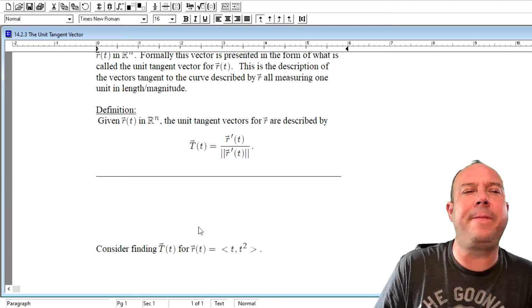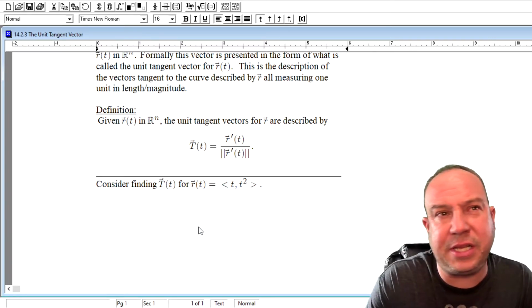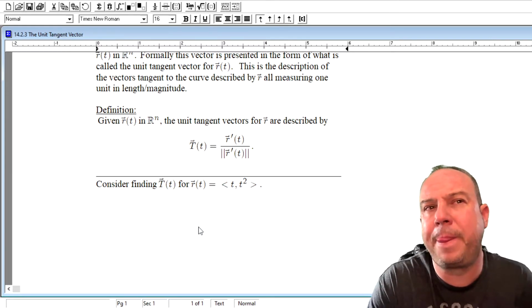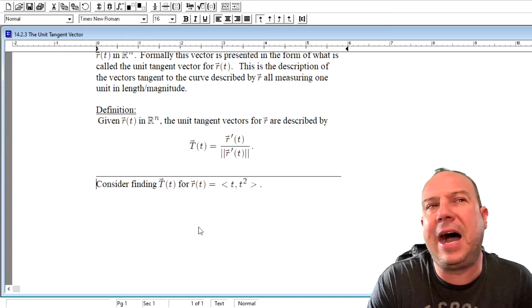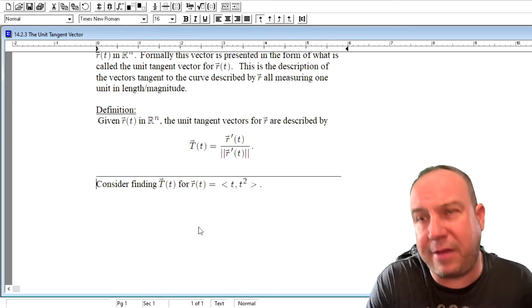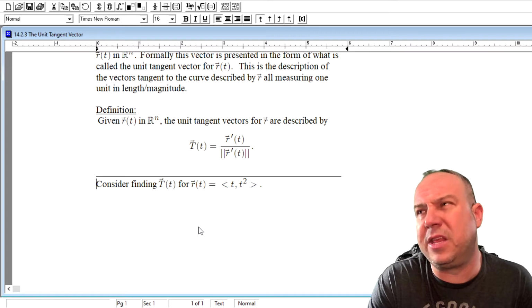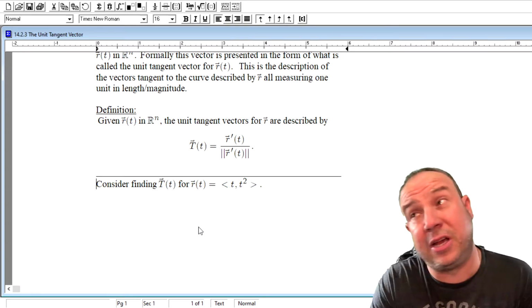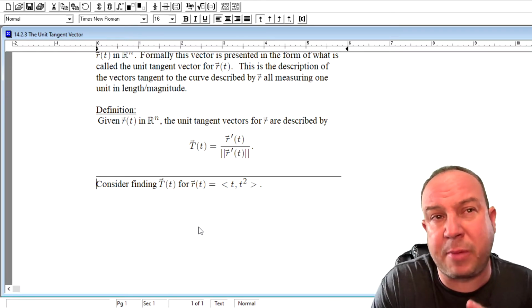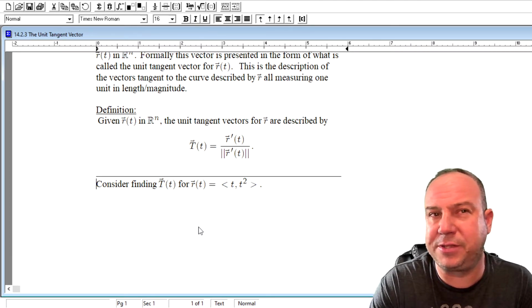Consider finding T bar of t, the unit tangent vector for the vector-valued function given here, r bar of t equal to t comma t squared, a familiar looking vector-valued function, the one that looks like our classical parabola, or is our classical parabola, but described parametrically using a vector-valued function in two-dimensional space.